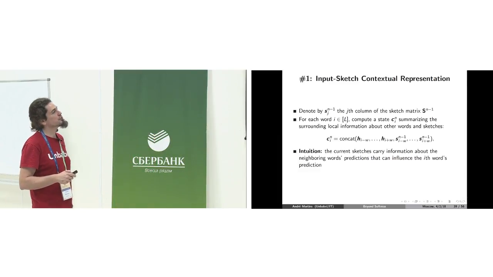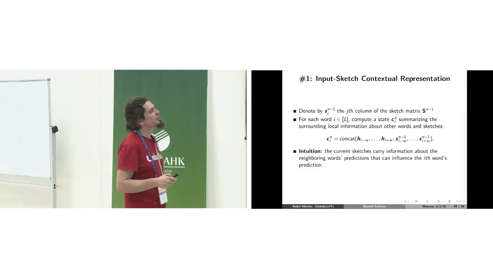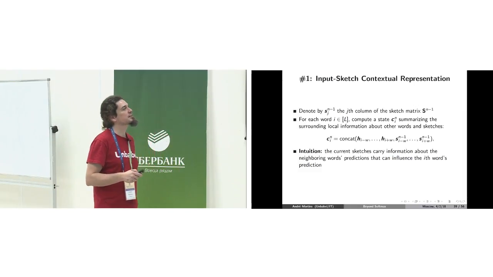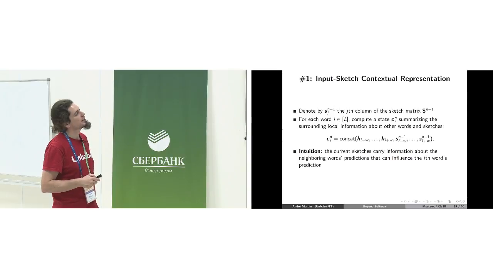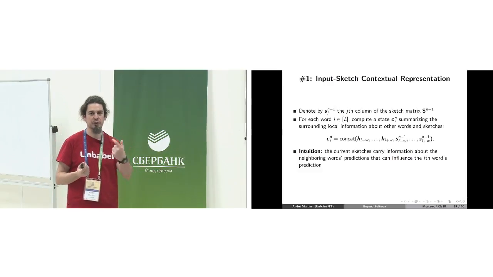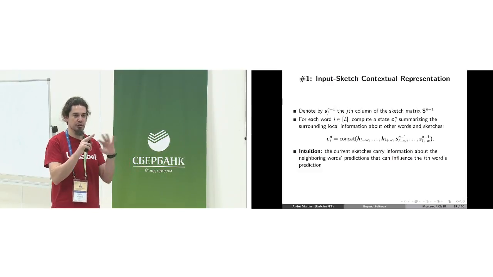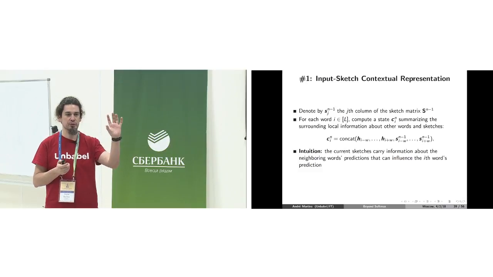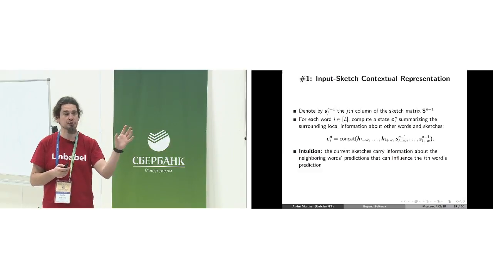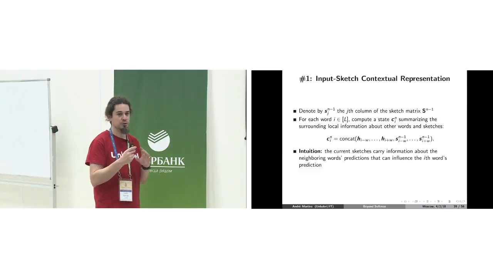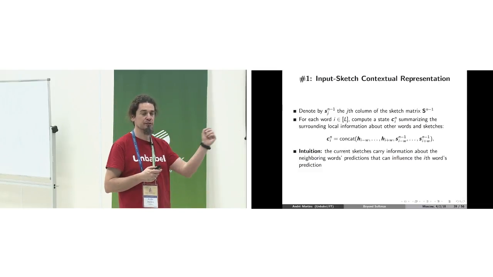For each word in the sentence, we compute a state c_i that summarizes the surrounding local information about other words and sketches. So for example, for a given word, we look at the neighboring words, but also the neighboring sketches that we might have already produced for those words, because they are going to influence the decision for this word.